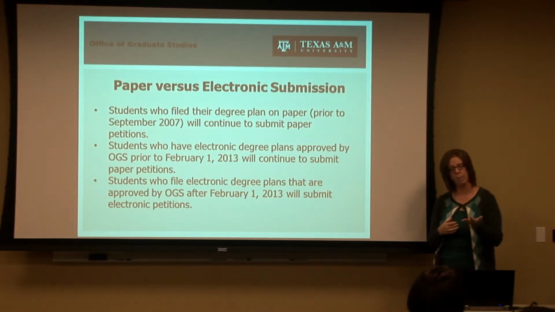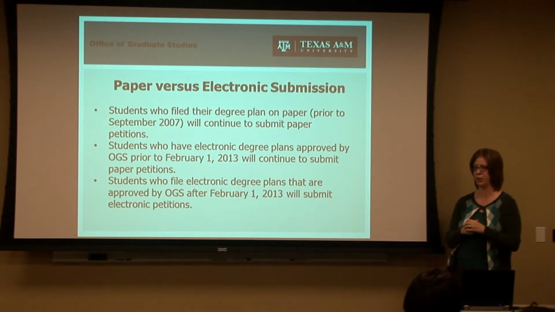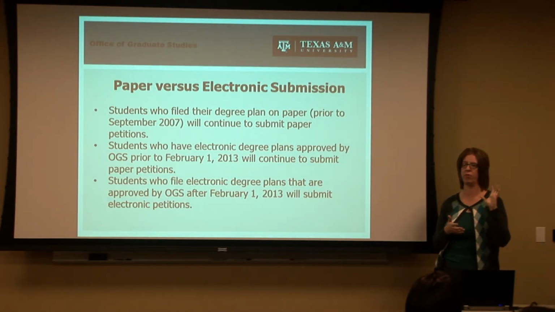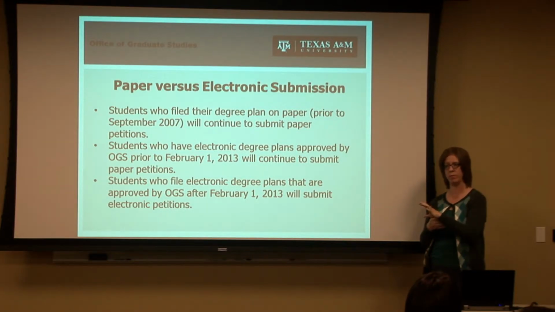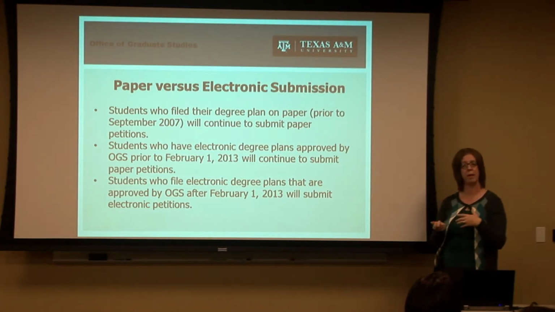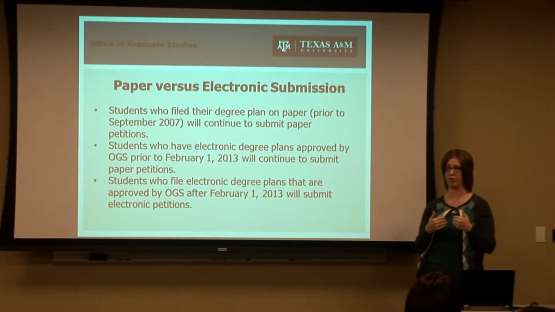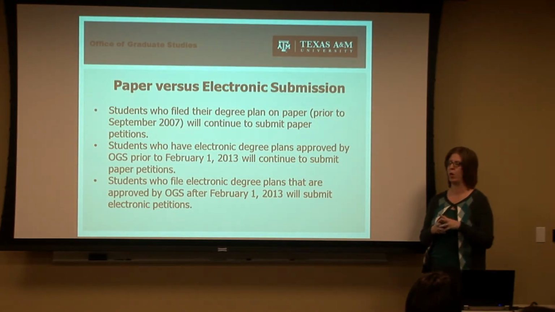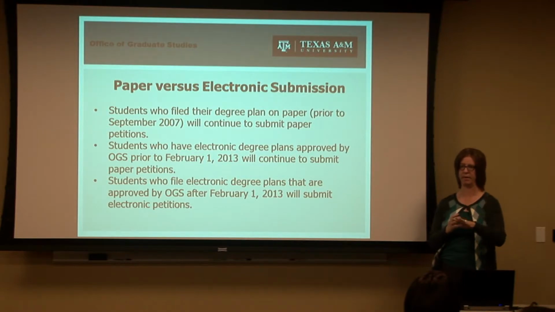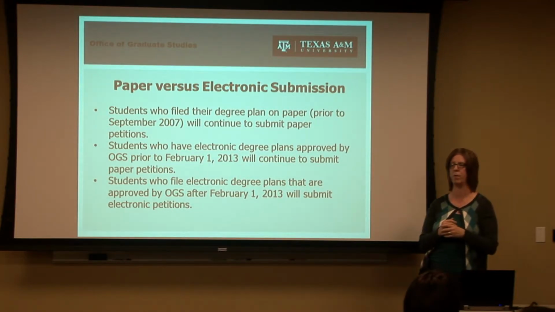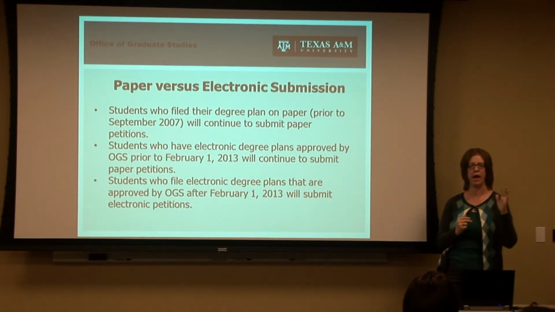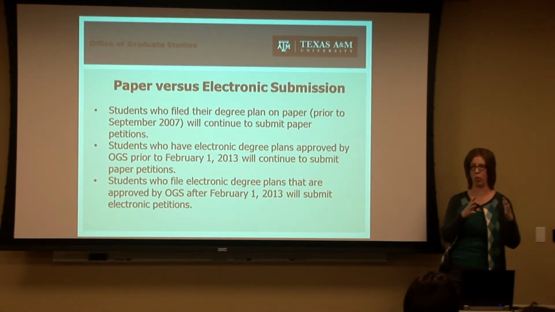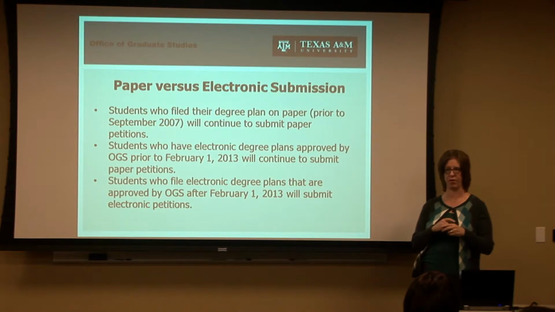So one top priority for me is to work with EIS to have more of the information flow from the document processing submission system directly into Compass so that there's less things that the Office of Graduate Studies staff has to rekey and re-enter. And so we've already started that process. So like I said, hopefully, within the next couple of months, you're going to see that things are moving more quickly because we're having to do less actual work on them in the Office of Graduate Studies.